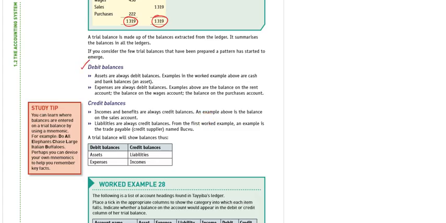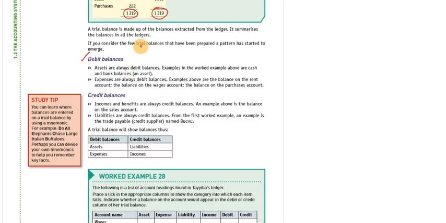I've already told this. What is a debit balance? Debit balance means the debit side is heavy. Greater balance on the debit side. So an asset normally has a debit balance, and an expense normally has a debit balance.